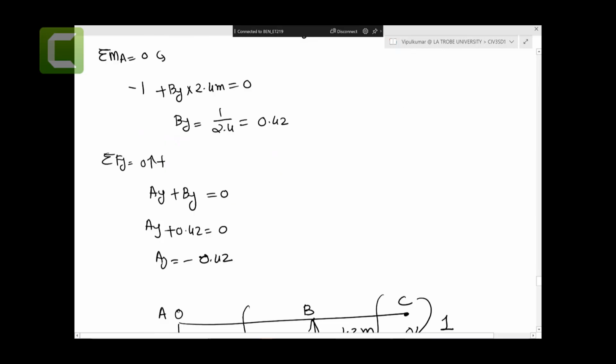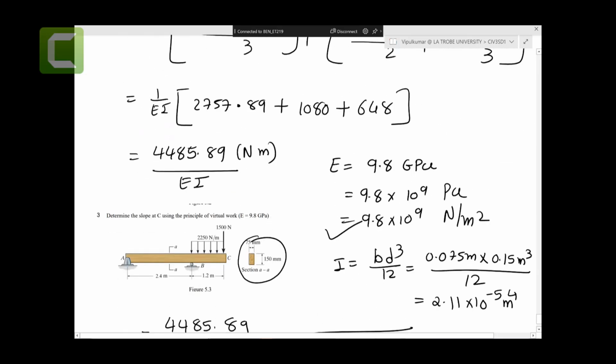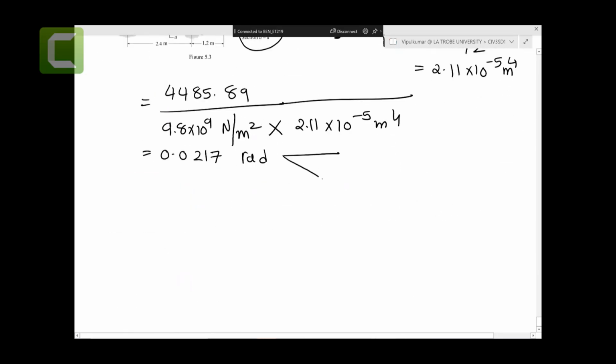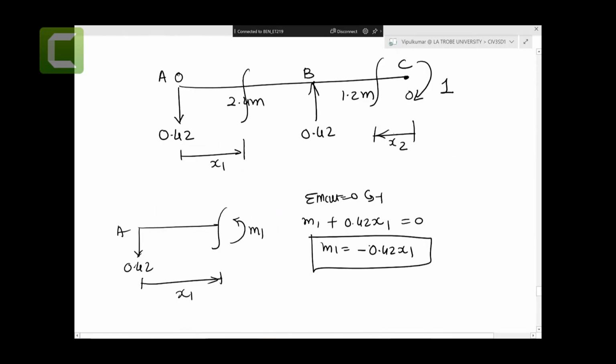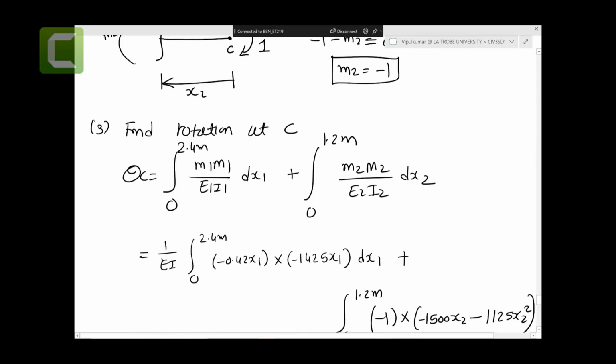We get it in this direction. A positive value means that the virtual moment that we assumed at the start in the virtual system is right.